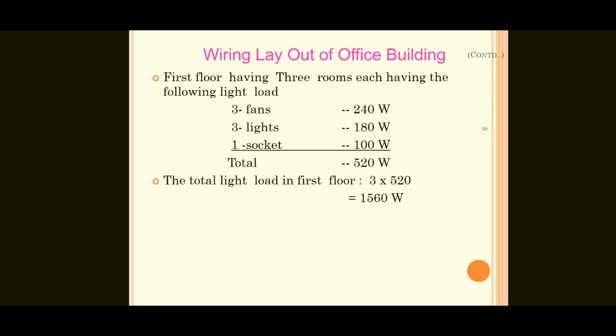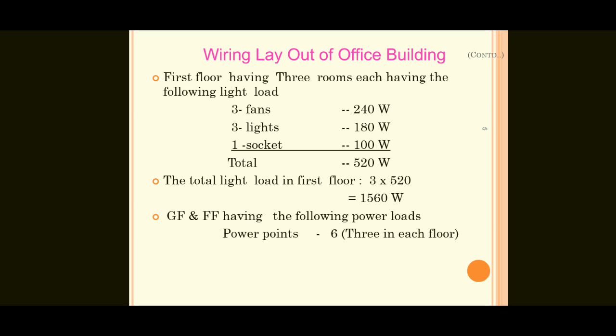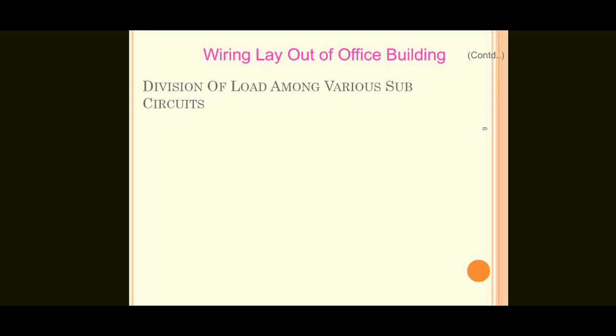The total light load in the first floor, 3 into 520, is 1560 watts. GF and FF have the following power loads: power points 6, 3 in each floor, and ACs 2.